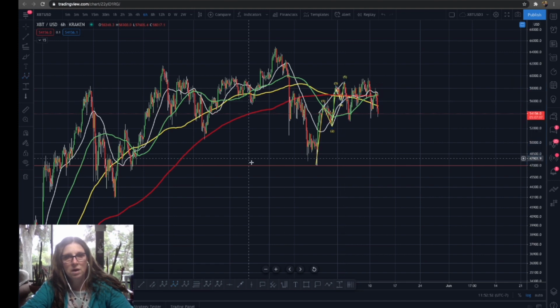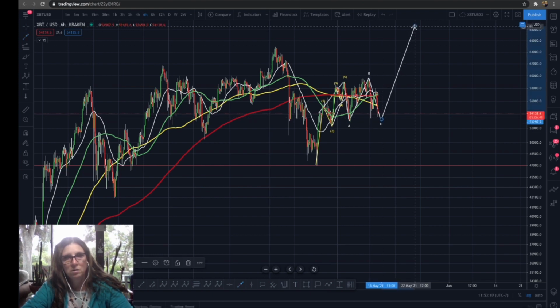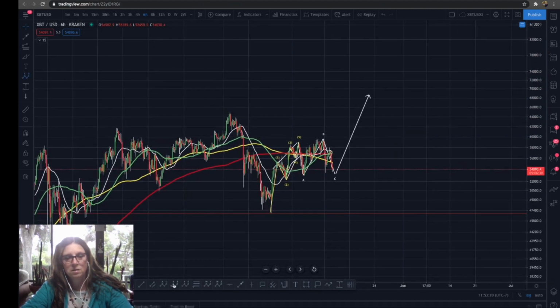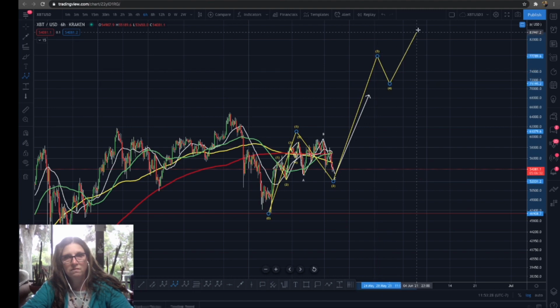And now we are creating a WXY or an ABC to the downside for our wave 2. And then we head up bullish for a wave 3, which would start our 5th wave. So basically, to give you a little more clear perspective here, this would be labeled 1, 2, 3, 4, 5.